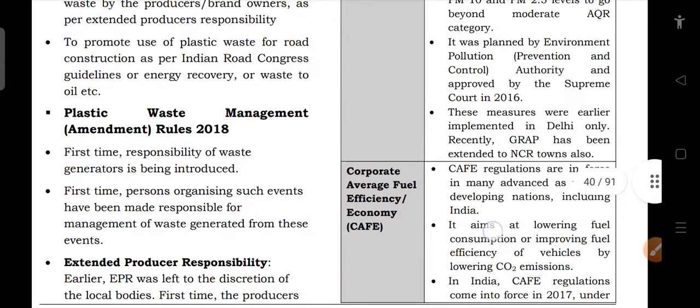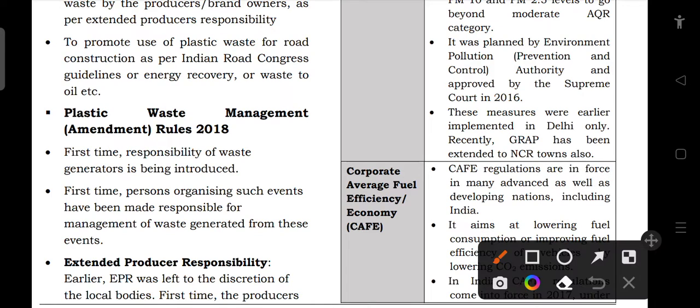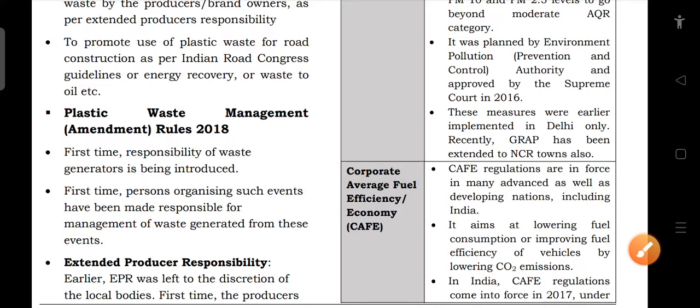And the next one is CAFE, which is Corporate Average Fuel Efficiency or Economy. This is a kind of regulation in force in many developing countries and also advanced countries. Even in India this is there. This is about lowering the fuel consumption or improving fuel efficiency of vehicles by lowering the carbon dioxide emission.